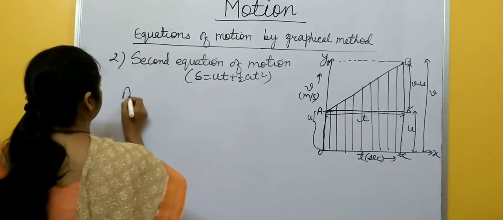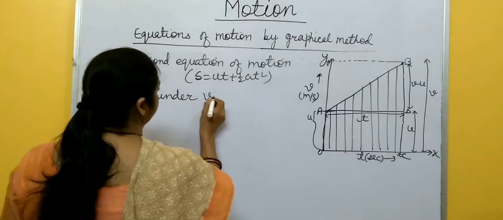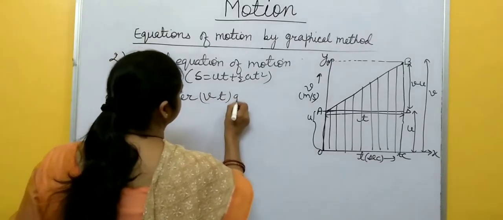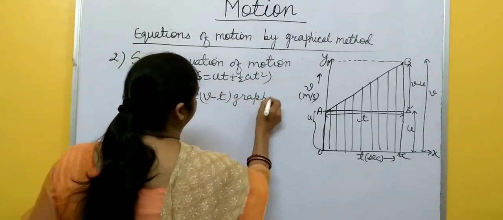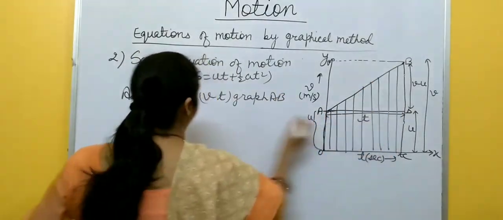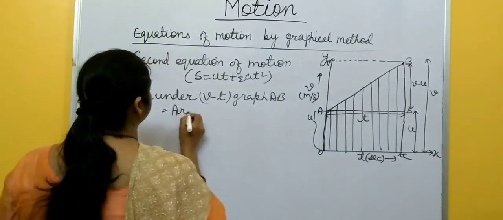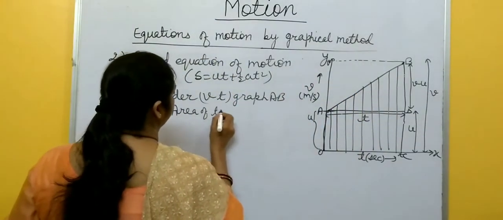So area under velocity time graph AB is what? Area of this trapezium, this shaded portion, right? Area of trapezium.